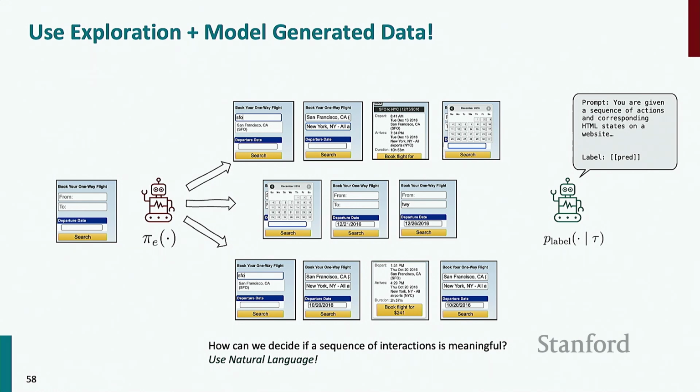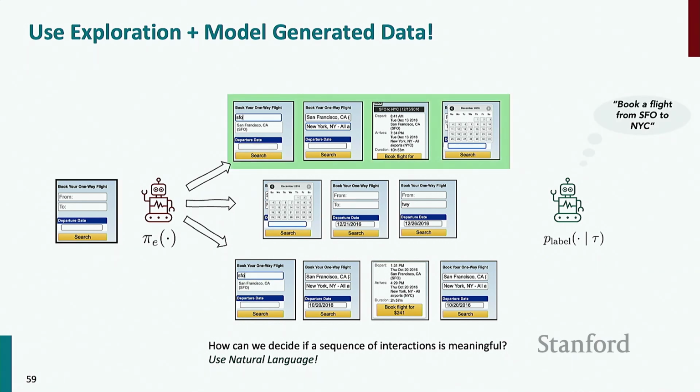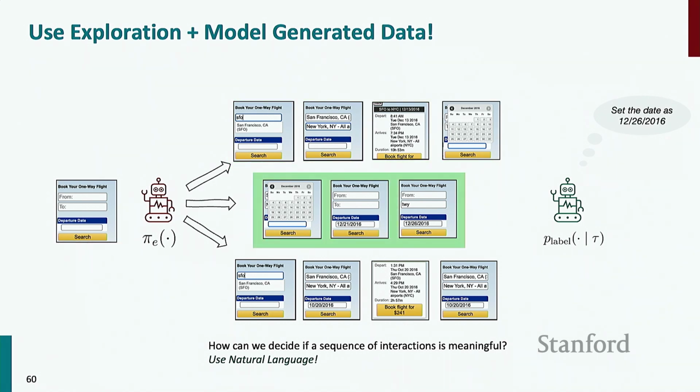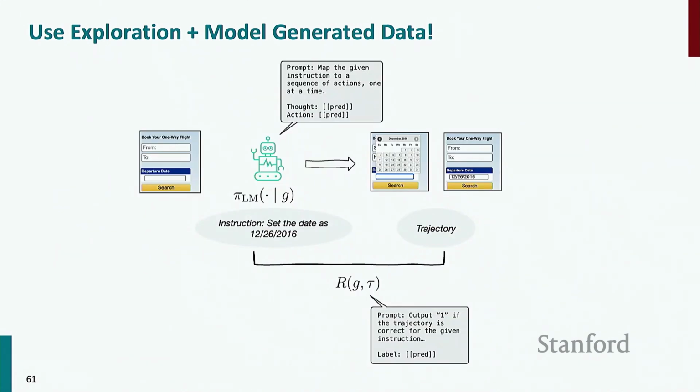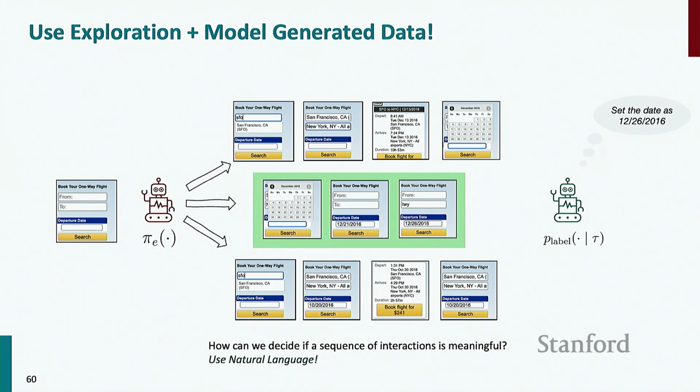And the idea here is that if you can get a model to produce a description of what the sequence of actions corresponds to, then maybe that's a good enough signal for a good trajectory, okay? And so maybe given the first trajectory, it guesses that the instruction was to book a flight from San Francisco to New York. For the second trajectory, it said, set the date to some given date. And maybe it wasn't able to come up with any good instruction for the third trajectory.